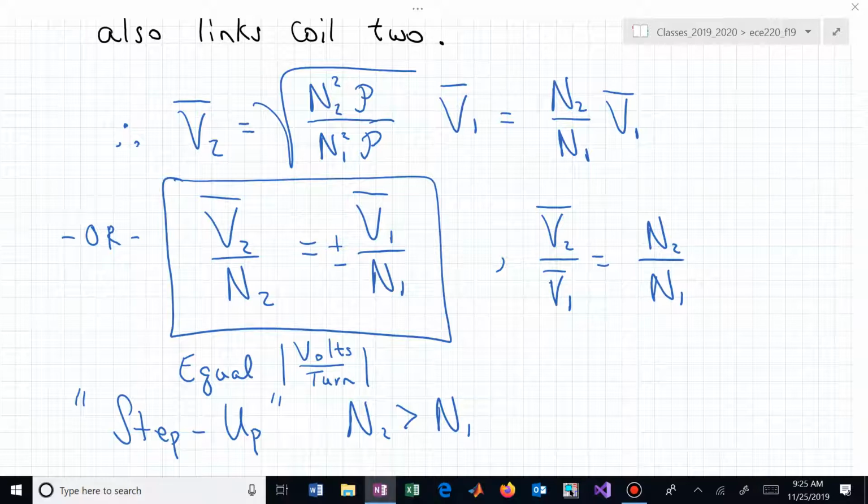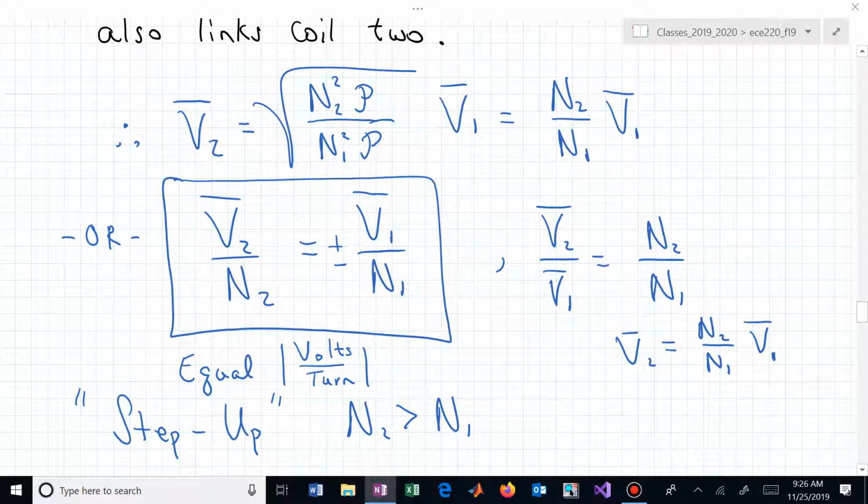You could then solve for V2 and V1, so you can see that sometimes we might write V2 is N2 over N1 times V1. If we need to go back and forth, replacing V2 with V1 or vice versa, we now have a relationship that allows us to do that.